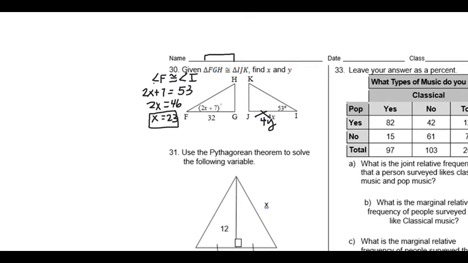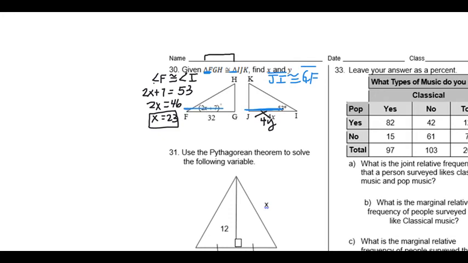So if we solve that equation, we find out that x is equal to 23. The next equation has to do with finding y. Now, we find y at JI. So if you look on the triangle, JI is congruent to GF, just by following the letters that they gave us for congruence.